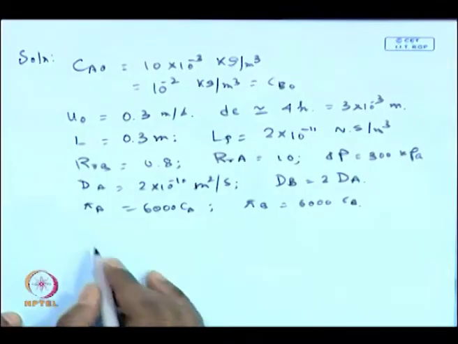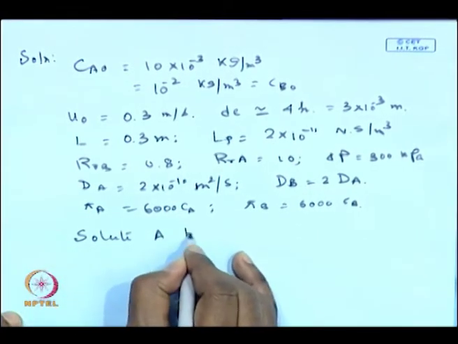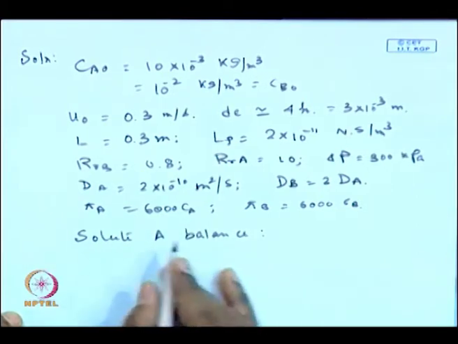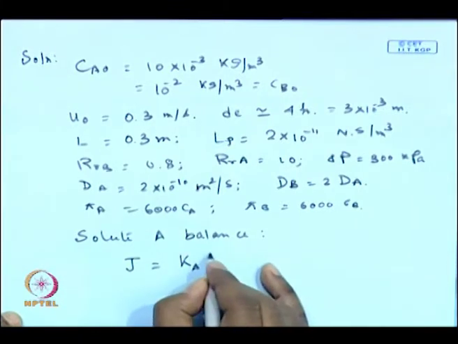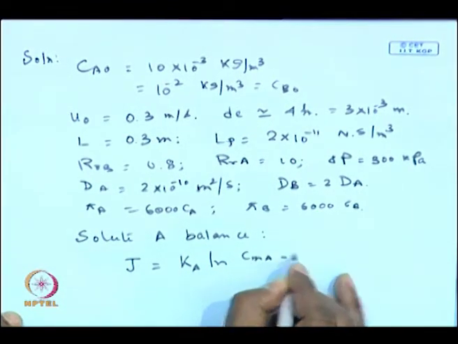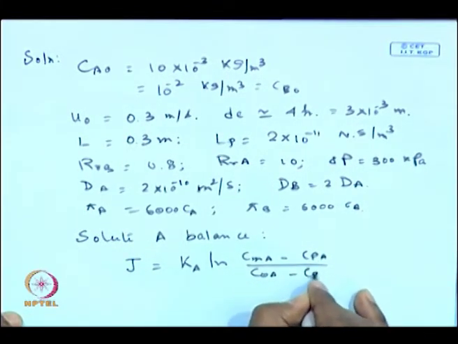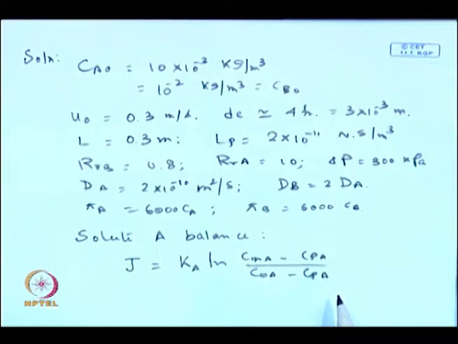So, if you do a separate solute A balance over the mass transfer near the membrane surface, you will get J is equal to Ka ln of (CmA minus CpA) divided by (C naught A minus CpA). This mass transfer coefficient will now have the property of solute A, because it is a solute balance, with dA by delta. And all these concentrations correspond to solute A.